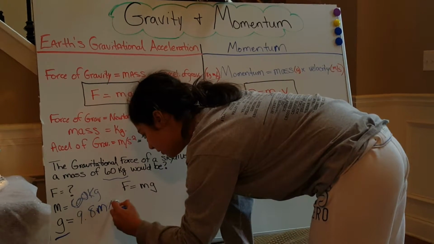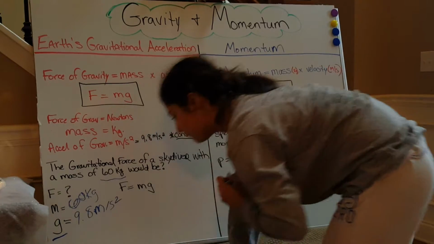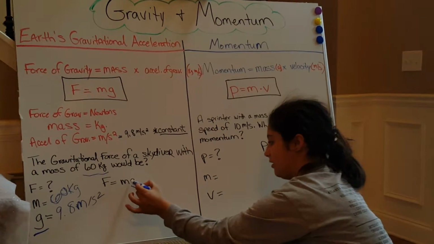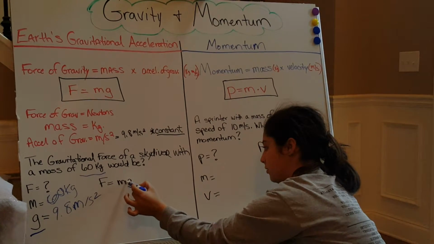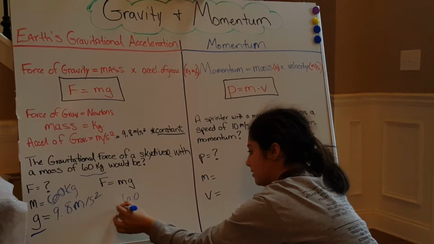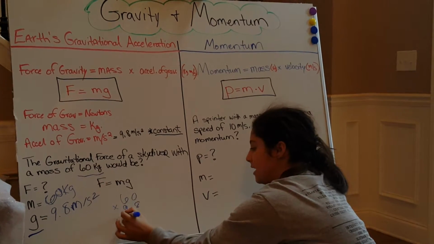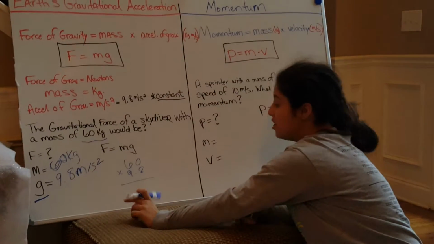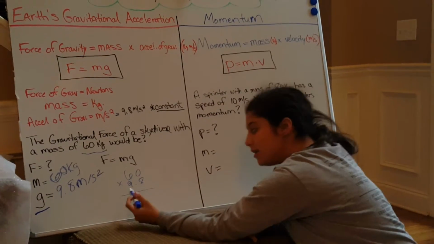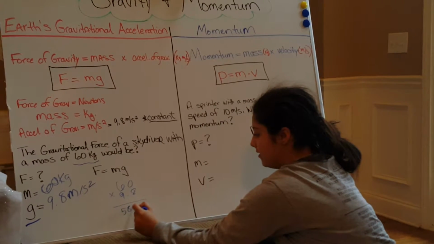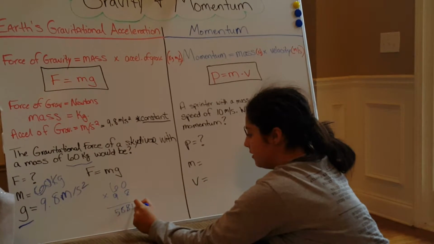meters per second squared. Because these two are right next to each other, you are going to multiply them together. So you can do 60 times 9.8. Since we are on a time schedule, we have already calculated this, so when you multiply these together, it should give you 588 newtons.